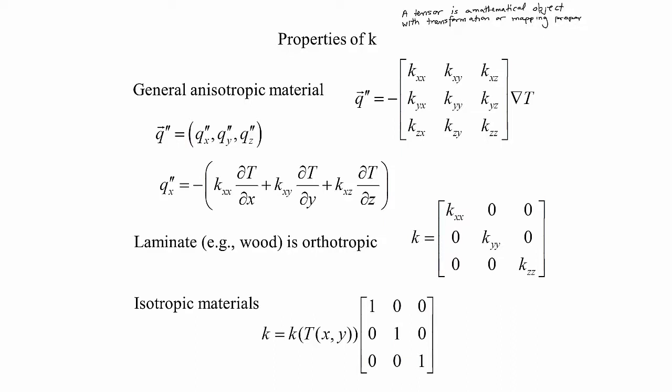So one of the things that this matrix or this transform does is it takes elements of this gradient, dT/dx, dT/dy, dT/dz, and it maps them into the components of q. And these three components of q are q in the x, y, and z directions.